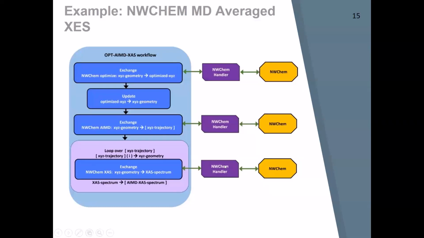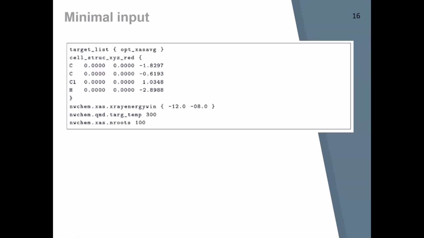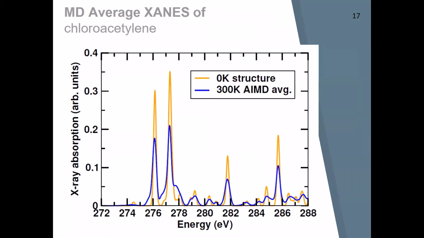And then you have another piece that loops over the XYZ trajectory that's produced by the MD, and then calculates spectra and averages. And again, very minimal input, and you end up with a vibrationally averaged spectrum. This was just a small, simple example that we did, but you can see that this vibrational averaging, in many cases, can be important, of course.